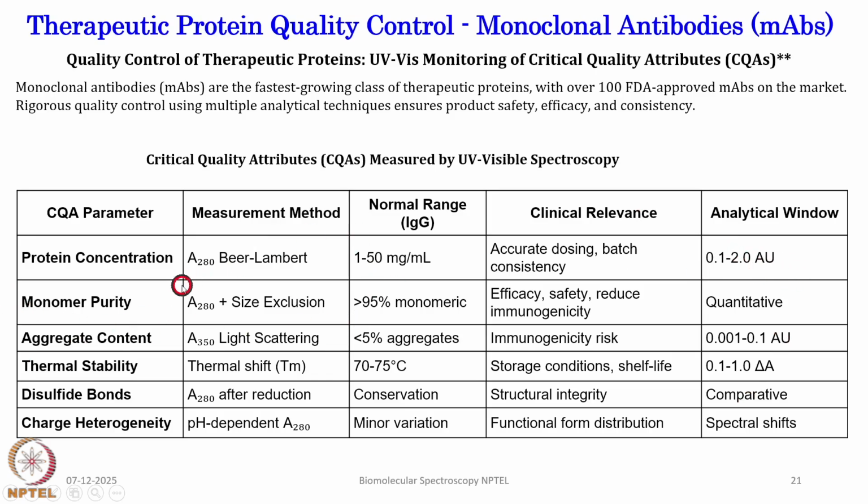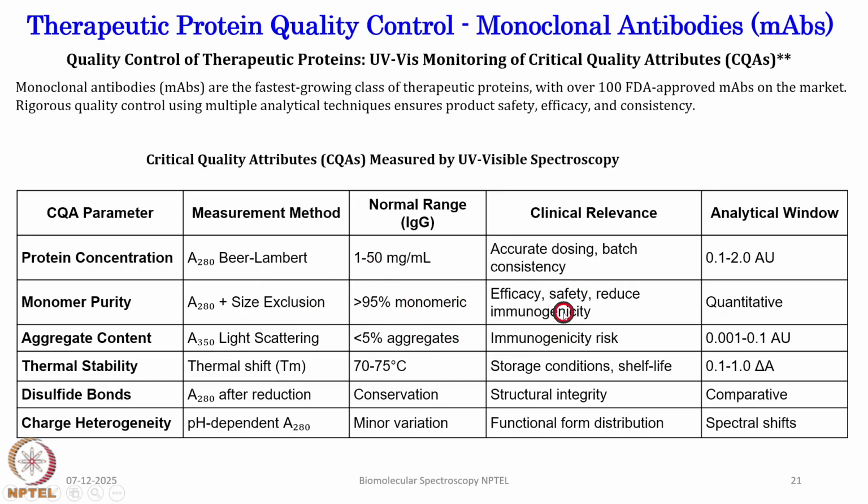Monomer purity, right. Not only will your UV visible do, you have to invoke another technique like size exclusion chromatography. So, measure the concentration at 280 and combine that with size exclusion chromatography to find it out. What is the normal range? You have to have 95% monomeric.